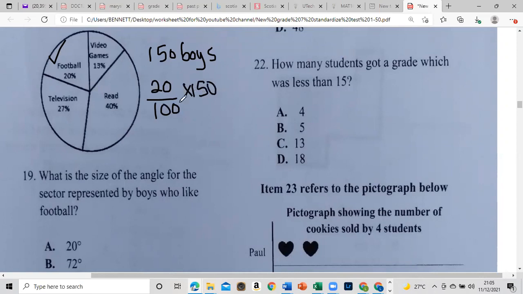That is not the answer yet. So boop, boop. We can do this. So that's 30. Alright. So that's basically 30 boys. So it's 30 out of the 150 boys.